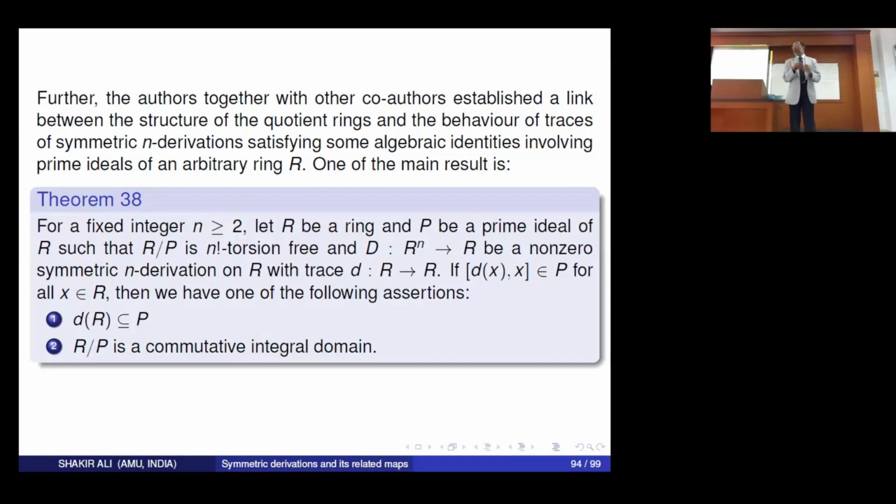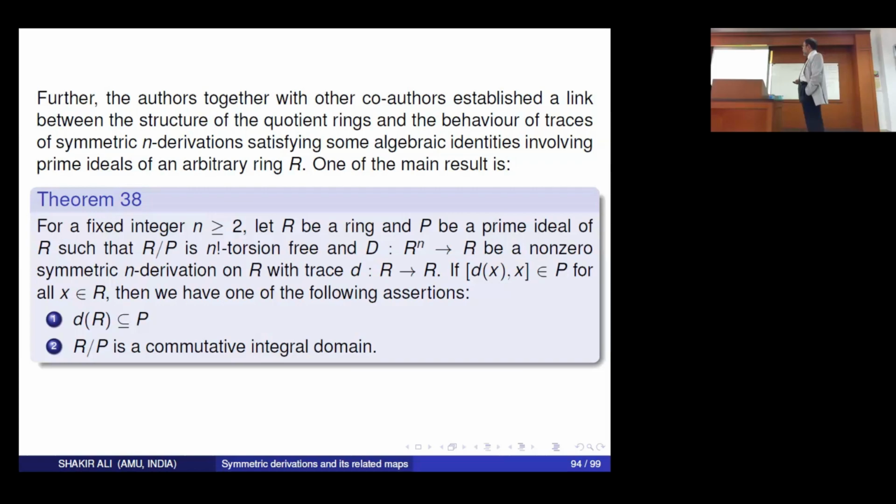We find out the behavior of D, how D looks, and the structure of the quotient ring by its prime ideal. So here, if the trace is commuting on P instead of Z, the center of R, so in the center of R we just take a prime ideal.